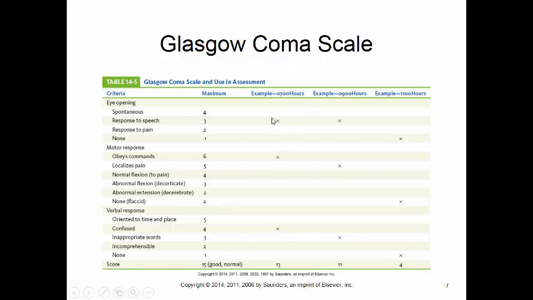You see here they're responding to speech, obeying commands, but they're a little confused in their verbal response. And then as time progresses, they still have eye opening and respond to speech, but their motor response has dropped down, and they have localized pain. And then you can see they are using inappropriate words. So they're not just confused, but they're using inappropriate words.